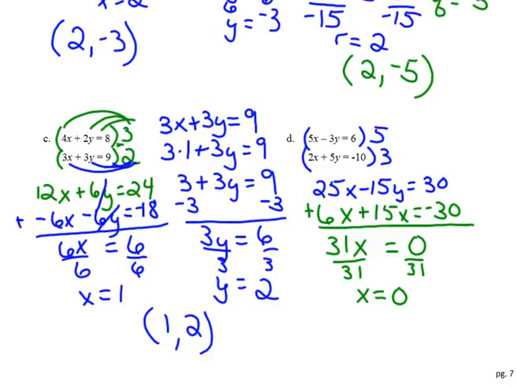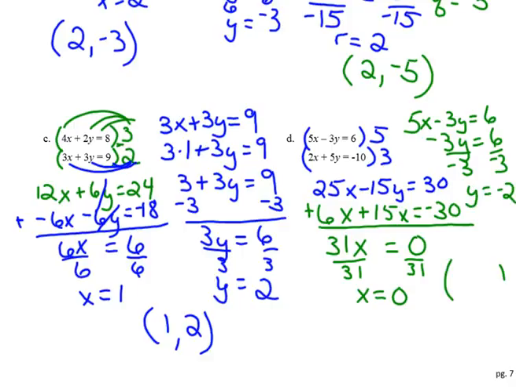Again, it doesn't matter which one, and I'm going to put in 0 for x. Okay, well, I'm going to start with the original top equation. So 5 times 0 is 0, so I'm just going to not even bother writing that part. Divide everything by -3, and we know y is -2. So the point of intersection is 0, -2.